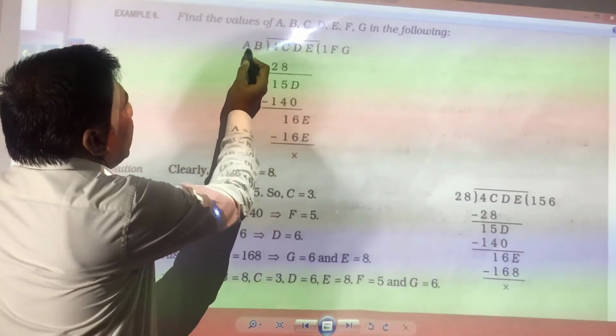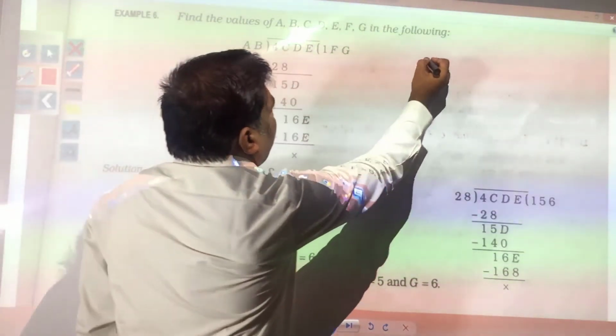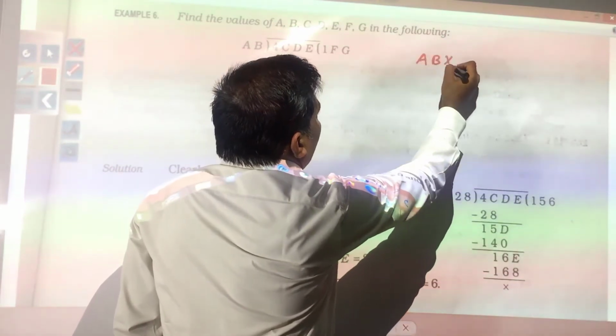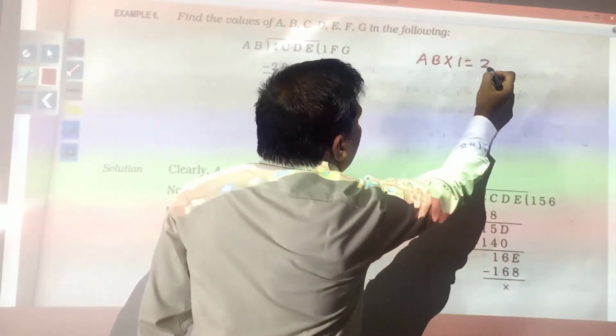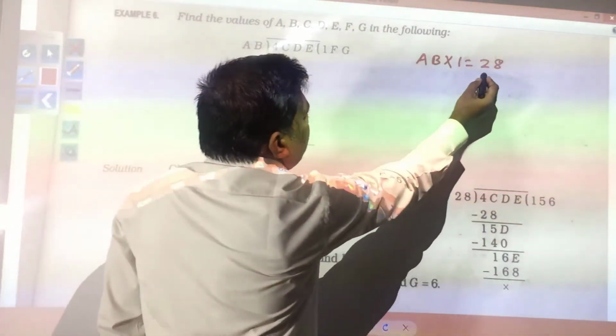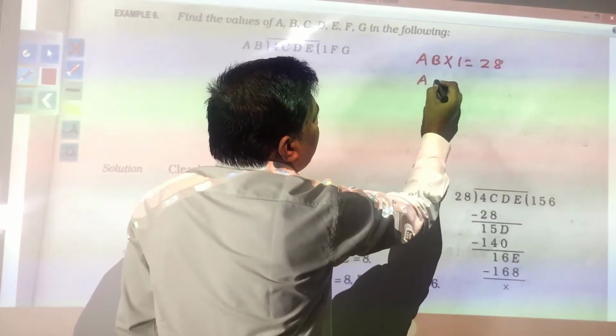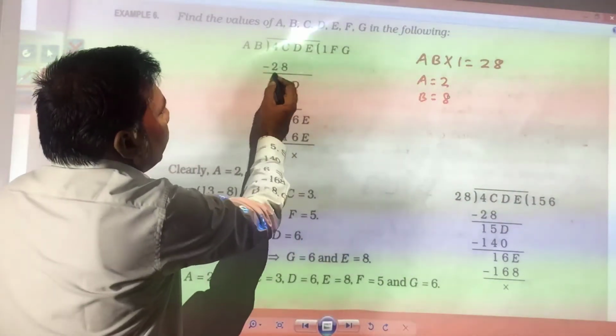Just you see, if AB has been multiplied by 1, AB into 1, you have got 28. It means AB is equal to 28. It means A is equal to 2 and B is equal to 8. It is very much clear over here.